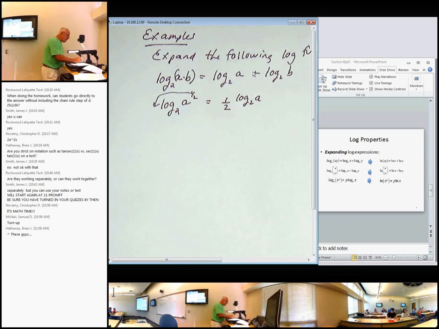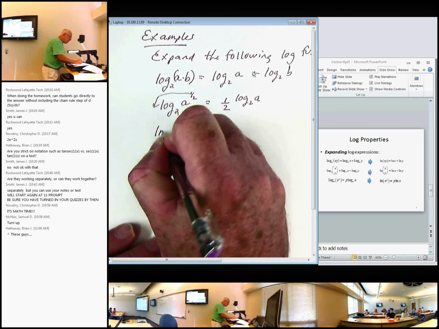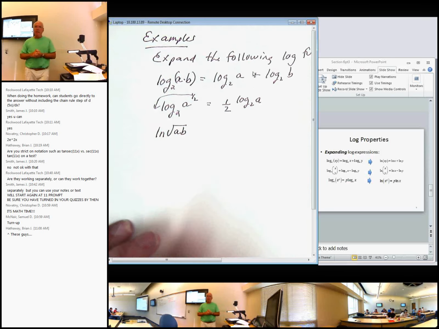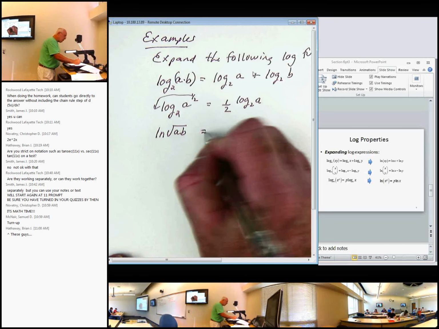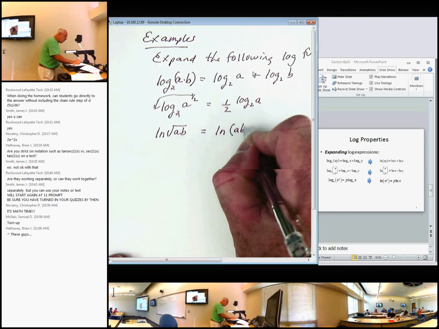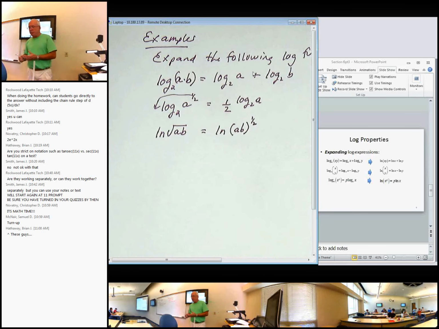Now let's look at, say, the ln of the square root of a times b. And let's expand this out. Well, we know that the square root is taking it to the 1/2 power. So this is really the ln of a times b raised to the 1/2 power. That's just getting rid of the radical.